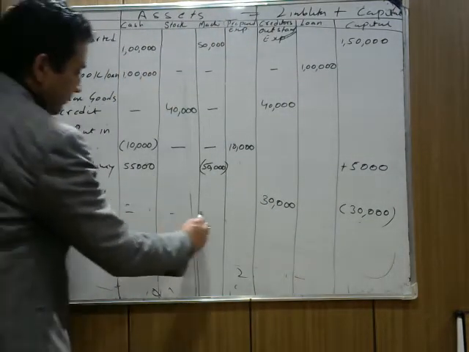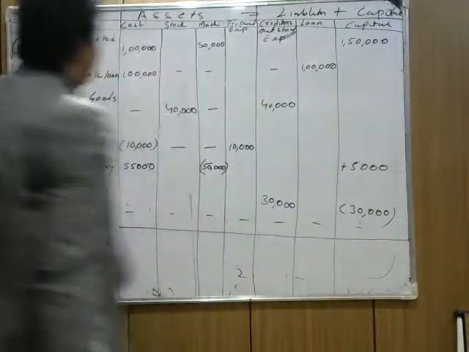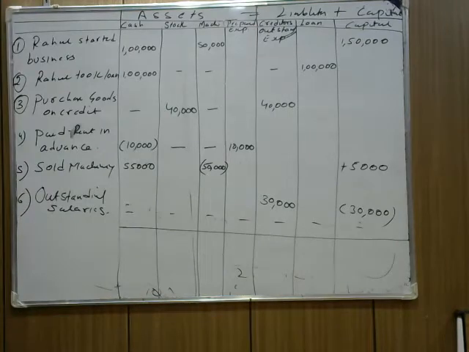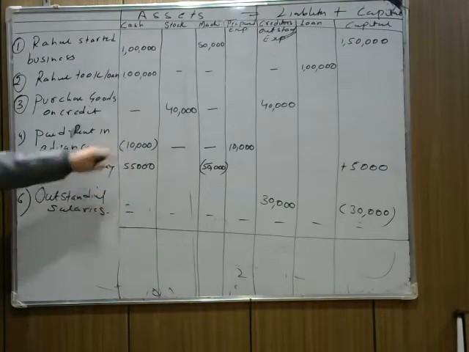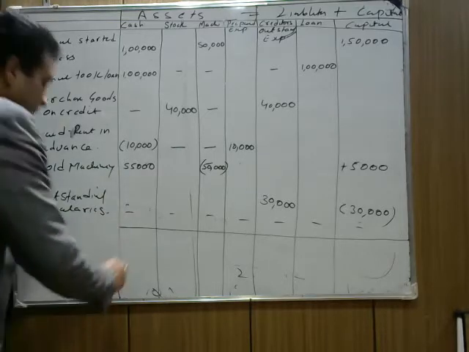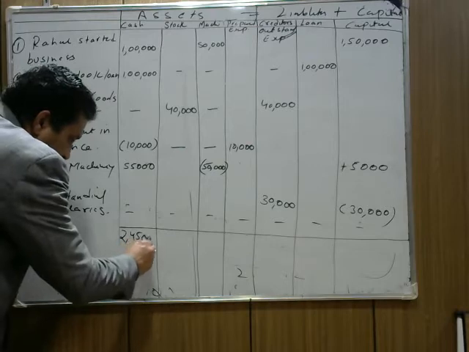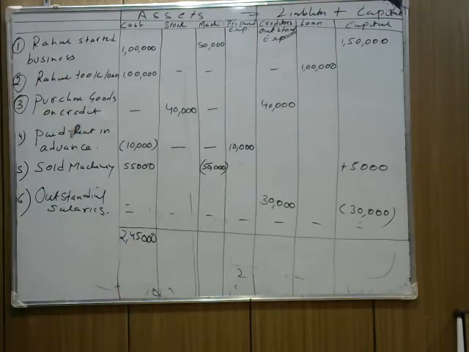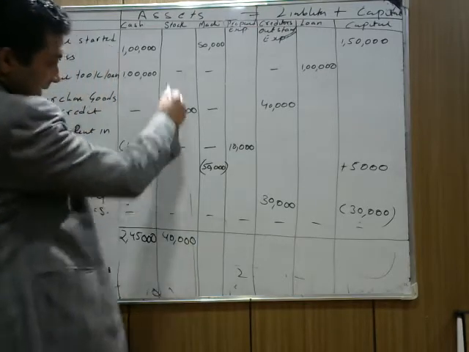Now do the totaling part, check whether our assets and liabilities are equal or not. We find that total of cash is 1 lakh plus 2 lakh plus 2 lakh 55,000 minus 10,000 because we paid rent in advance, so 2,45,000 is cash. Your stock is worth rupees 40,000. I hope this is clear.